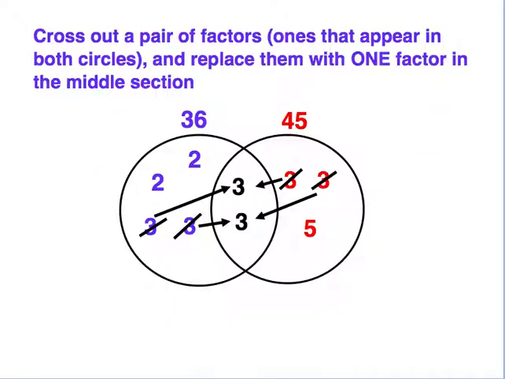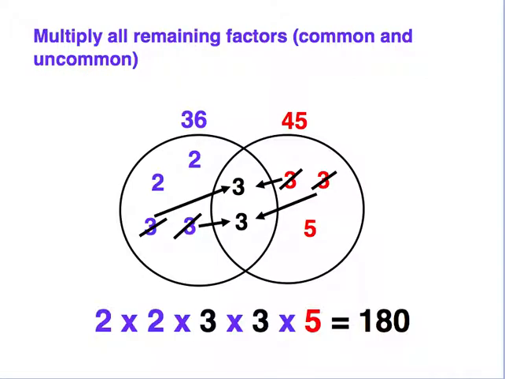And what I'm going to do is combine them. So I can actually cancel both of these out and put them in the common area of my Venn diagram. So I would have 2 3s as factors, 2 2s as factors, and a 5 as a factor. And all I'm going to do is multiply them all together.